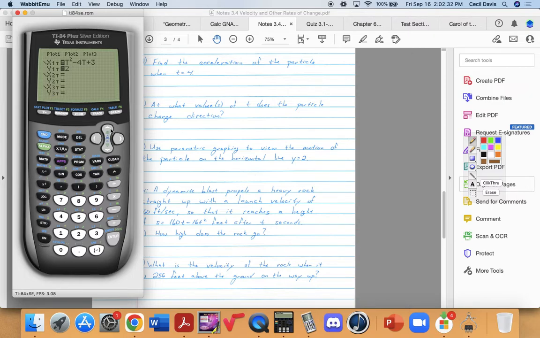If you move all the way over to the left, you can change what kind of line it's drawing. I'm going to change this not to a thick line, which would be okay, but to the third one, which has a little floating dot so you can watch it as it moves. Okay, so I'll do a zoom standard here. So it should look something like that.